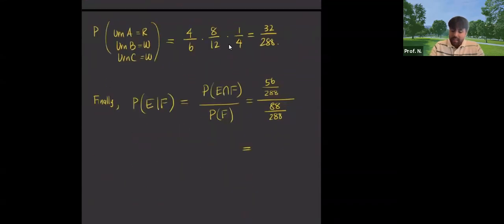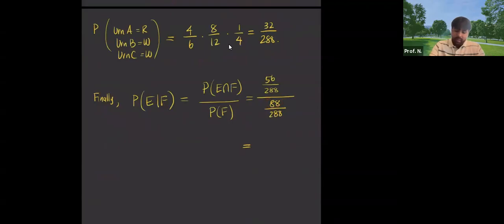But now, if you see the mathematics behind it, the 288 becomes irrelevant. The 288 number cancels out. And so I'm left with the ways of getting E and F occurring being 56 different ways, and I get 88 on the bottom.